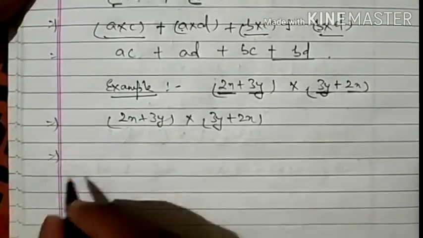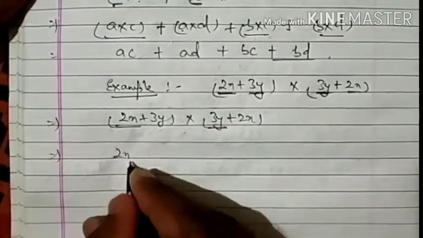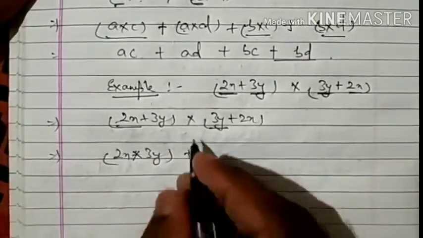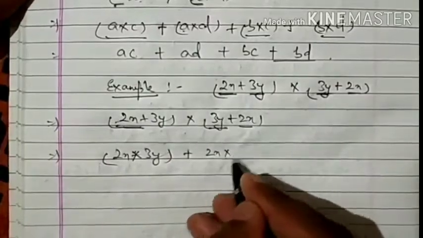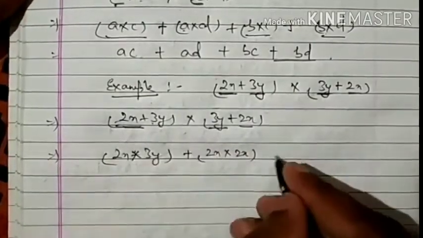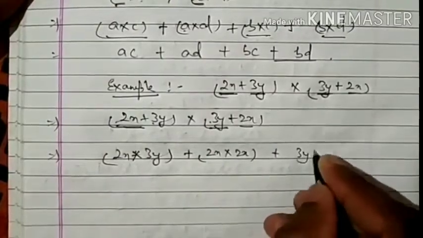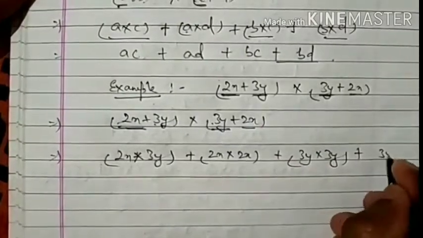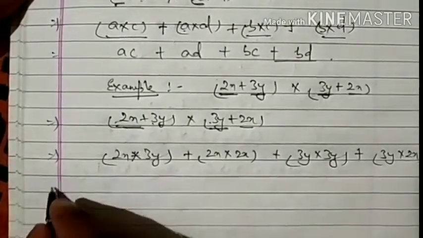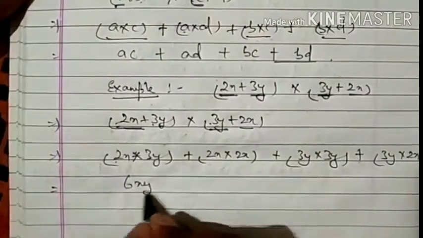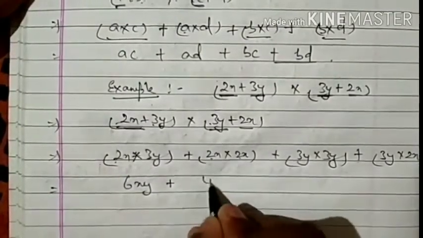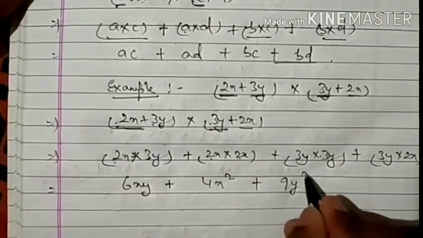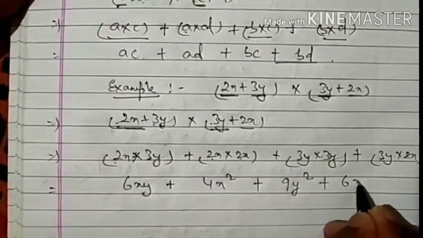Simply we keep on multiplying. 2x multiplied by 3y, plus 2x multiplied by 2x, plus 3y multiplied by 3y, plus 3y multiplied by 2x. 3 twos are 6xy, plus 2 twos are 4, x into x, x square, plus 3 threes are 9, y into y, y square, plus 3 twos are 6xy.